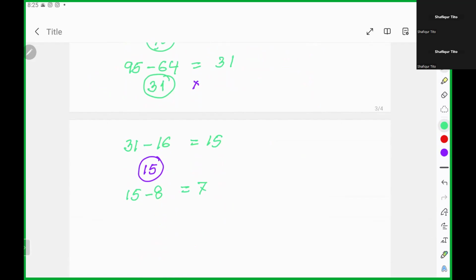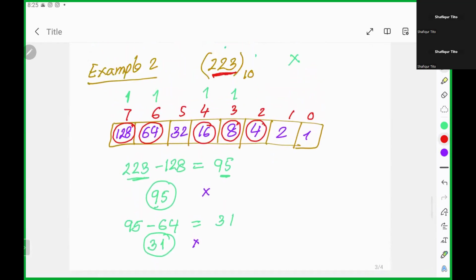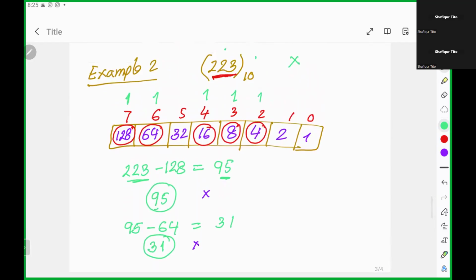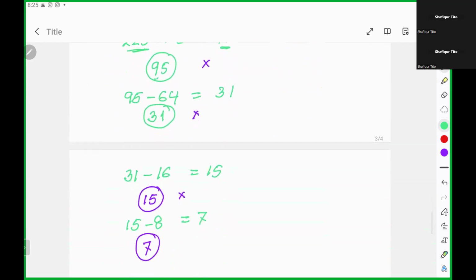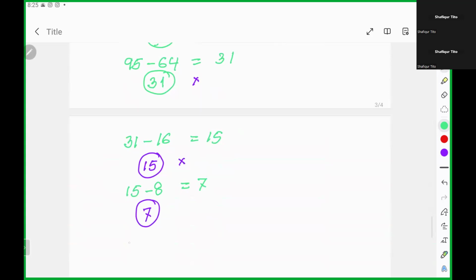So my next number is 7, and I need to find the number smaller than 7, which is 4. That means I need to set this bit equal to 1. Then I subtract 7 minus 4, which will be equal to 3, right?